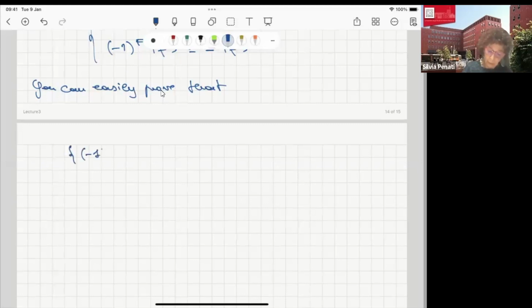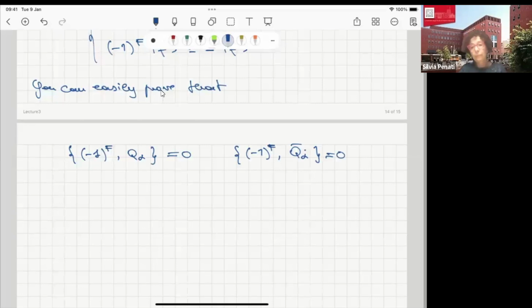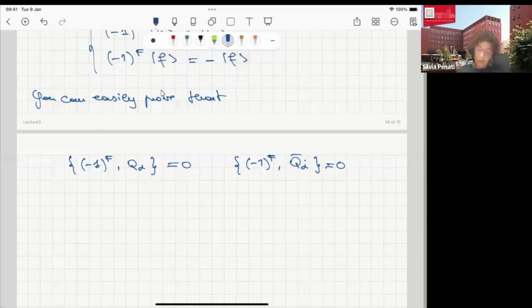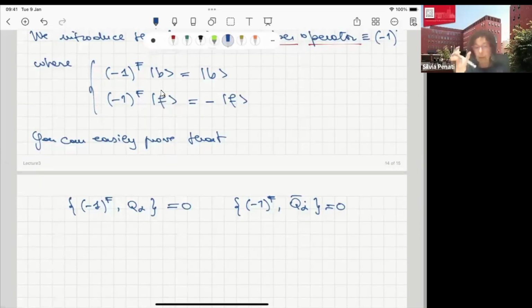If you anti-commute the fermion number operator with Q alpha, you get 0. And similarly, if you anti-commute with Q bar alpha dot, you get 0. You can prove these two identities by applying the anti-commutator on the left-hand side to a bosonic state or to a fermionic state, and you will always get 0. Okay.